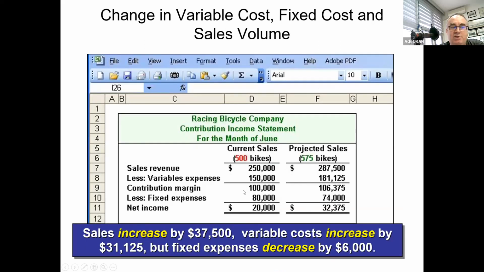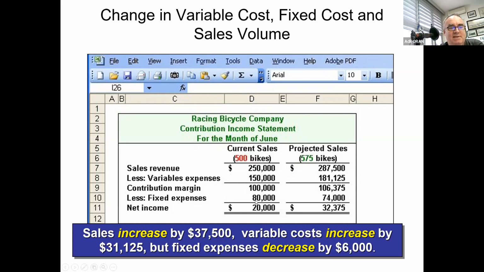And you can do it in steps if you'd like, or you can do the calculation directly. But the contribution margin used to be 500 times 200, 100,000. So the contribution margin per unit goes down by $15, to 185. So 575 times 185 will give you this contribution margin.